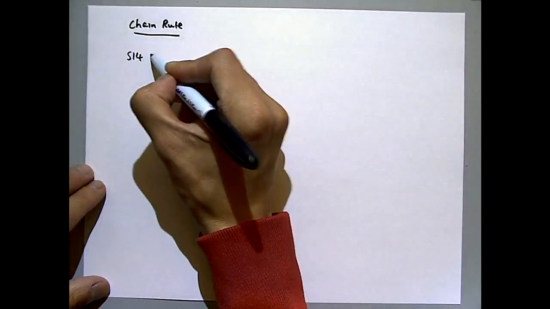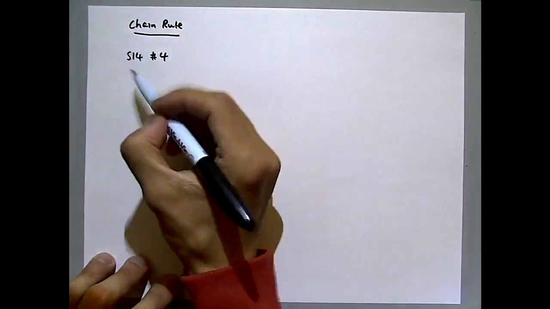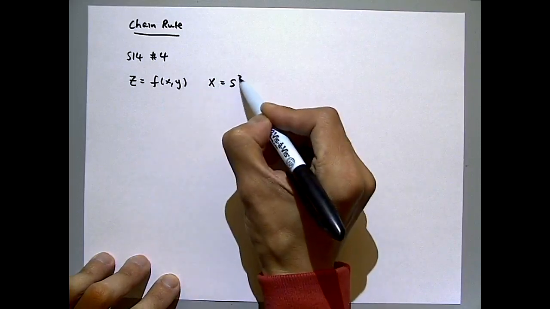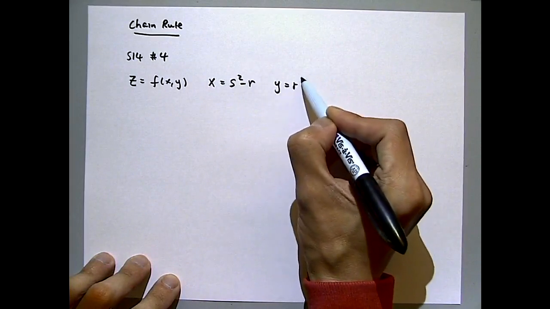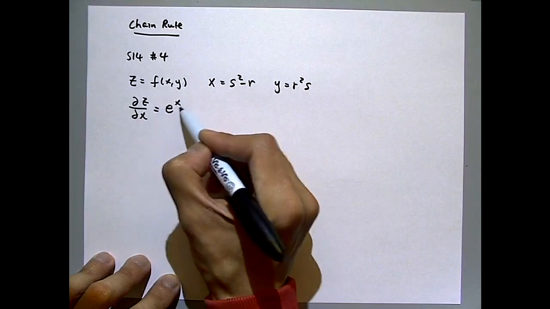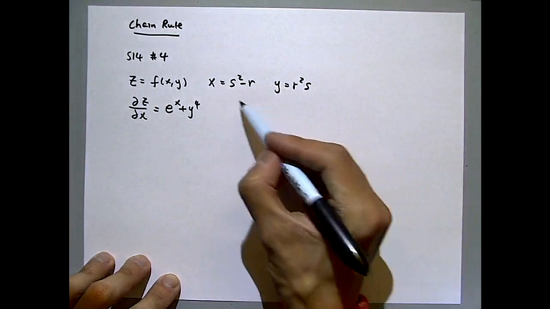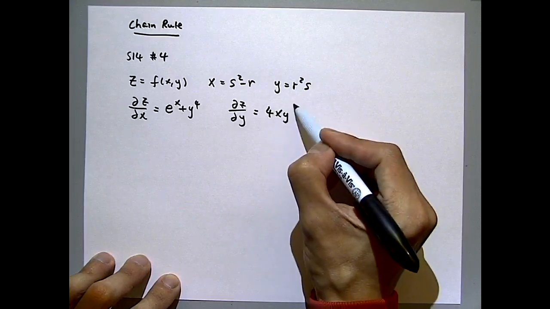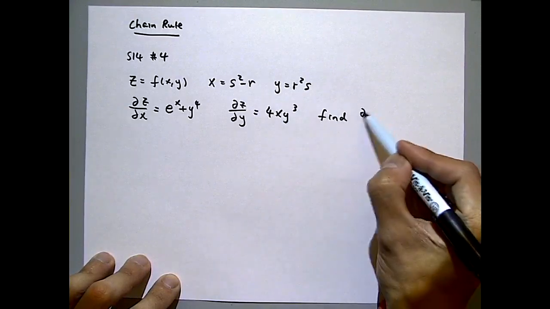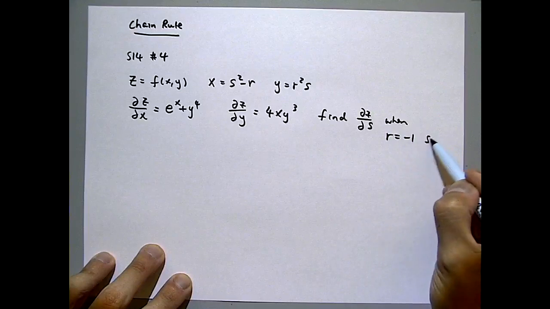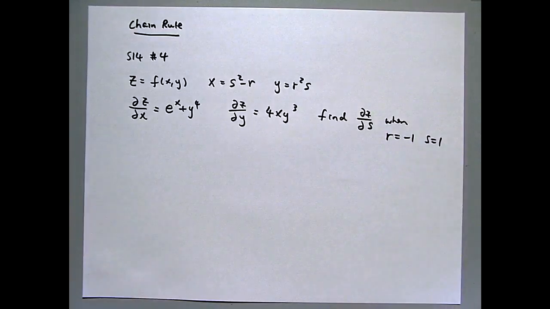Let's look at spring 14, number 4. z is an unknown function of x, y. x is s squared minus r, and y is r squared s.